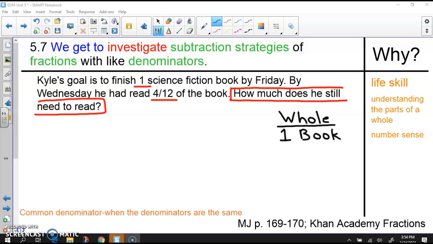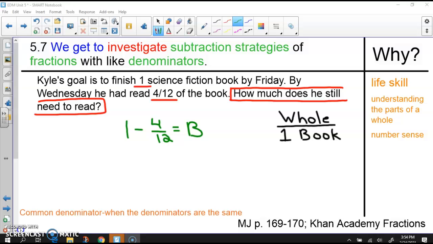So when we set up our problem today, we know that his goal is to read this one book. And if he has read 4/12 of it already, we need to see what is left. So what I need to do is set up our one whole book, and we're going to take away the 4/12 that he has already read to see how much of the book he still has left.